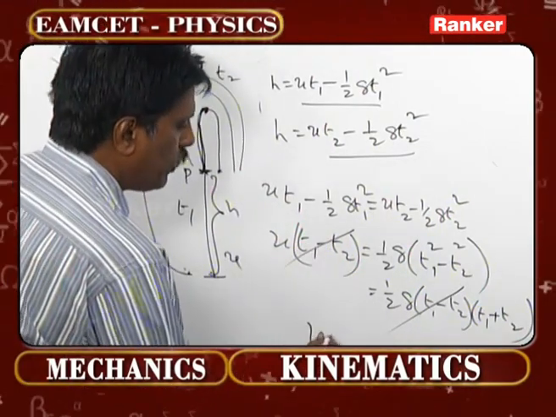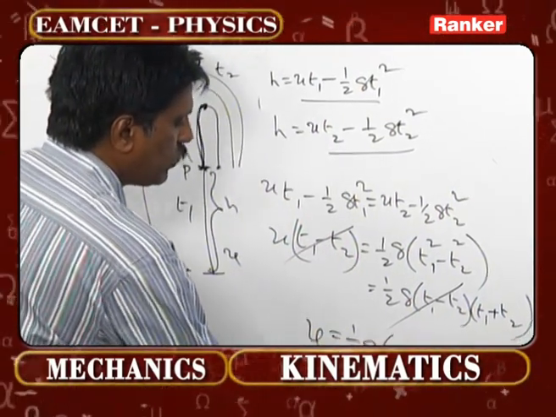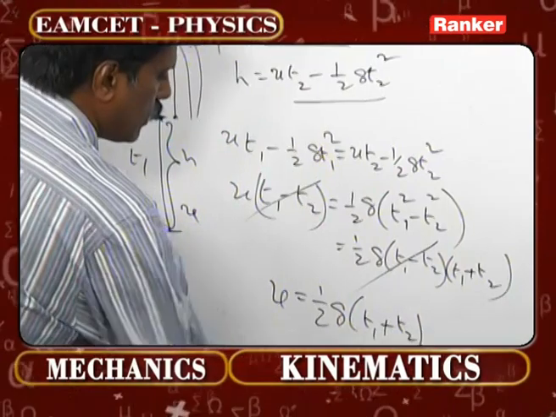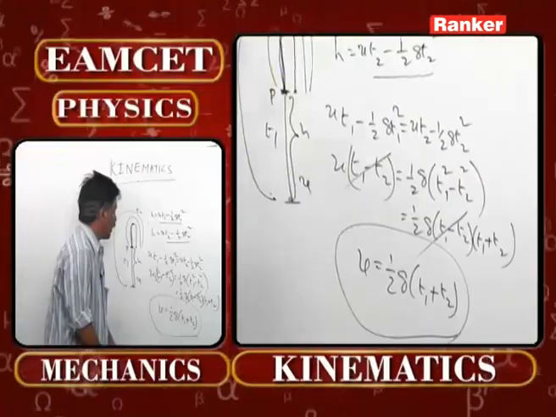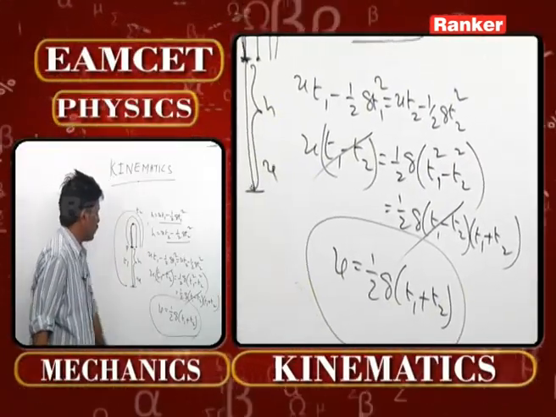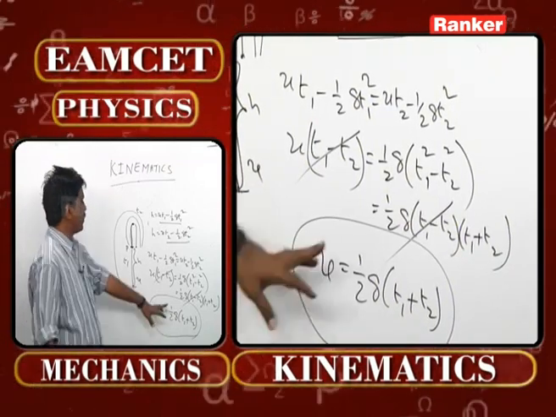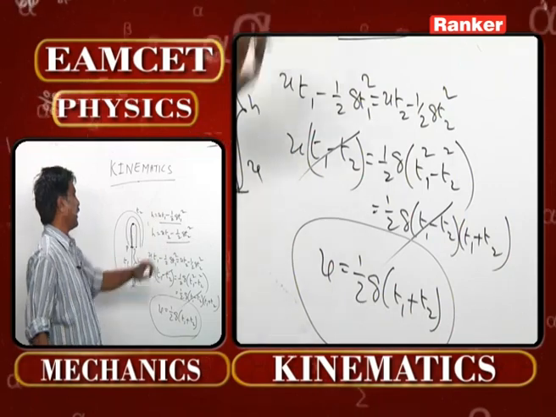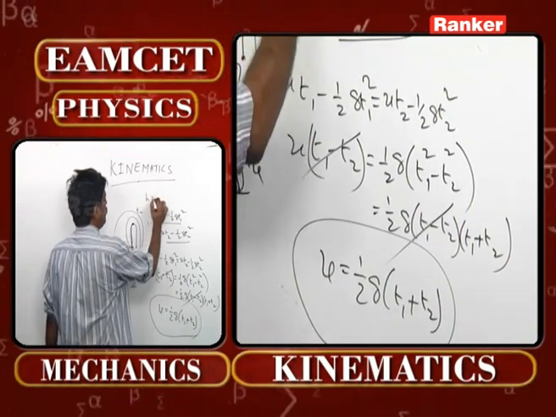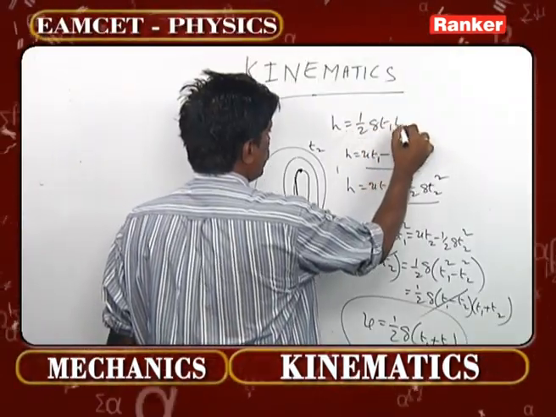So, u will be equal to half g into (t1 plus t2). So, you got the velocity of projection in this case also, which is equal to half g into (t1 plus t2). Now, if you substitute this u value here, you will get height also, which is equal to half g t1 t2.